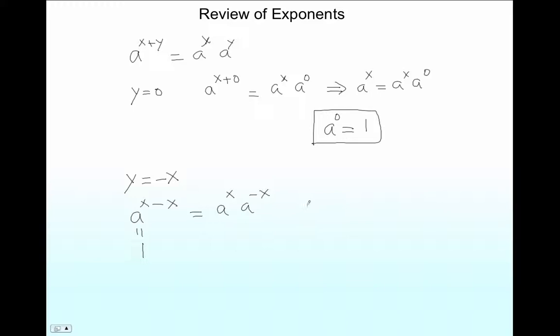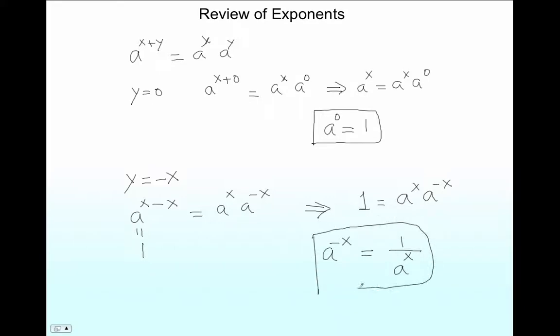And so what I've proved is that 1 is equal to a to the x, a to the minus x. In other words, we've arrived at this important result that if I take any number to the power minus x, it's 1 over that number to the power x. And these are two important conclusions, this one and this one.